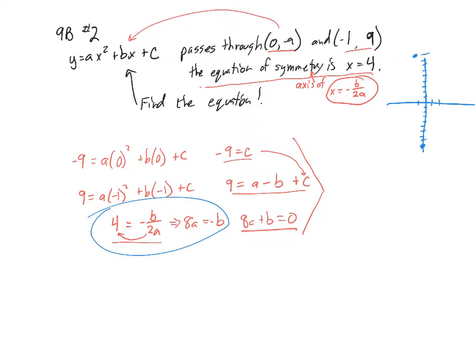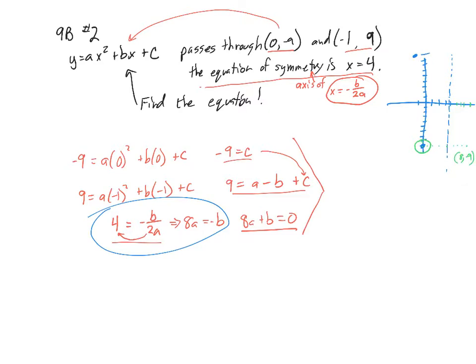As long as you remember that the axis of symmetry is a line going down the middle that is going to be an exact replica of both sides, then you actually have 2 more points, right? This point over here, the 0, -9, is 4 spaces away from your axis of symmetry. So therefore, 4 spaces on the other side at 5, 6, 7, 8, there should be an identical point there, which will be 8, -9.